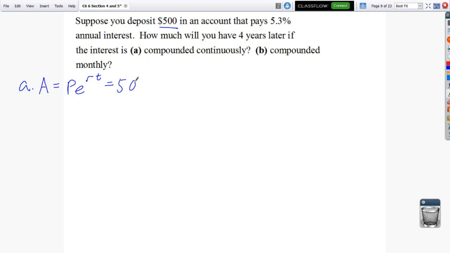So we have 500 e to the r. Our r is our interest rate, 5.3%. Please don't put that in as 5.3. You need to put it in as a decimal, 0.053, times our t. Our t is measured in years, so times 4. And break out your abacus and start doing it.